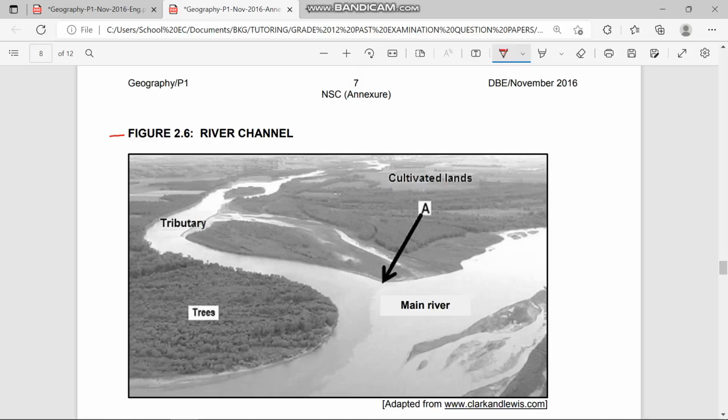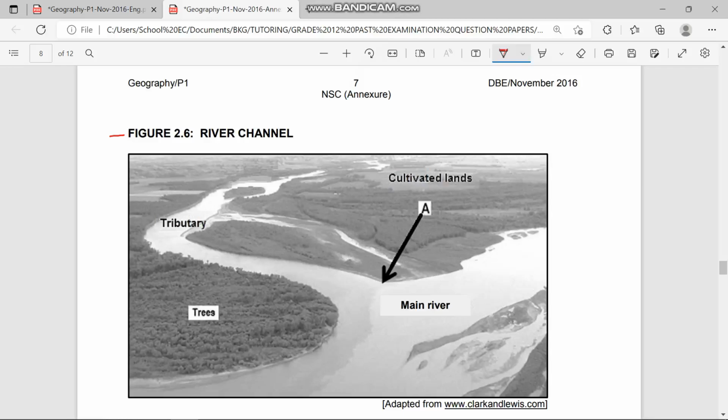These trees absorb water through their roots during the time of floods, meaning that it's decreasing the water around the river. They also promote infiltration of flood water, because when there is more vegetation on the land, there will be less surface runoff, and the trees will slow down the flow of water towards the floodplain.